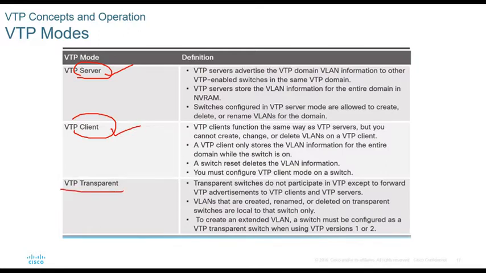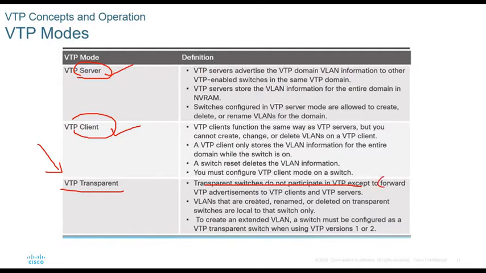The other mode is called transparent, VTP transparent mode. When you configure your switch to use VTP transparent mode, that switch will not participate in the VTP advertisement exchanges, except it forwards that advertisement to other VTP clients.